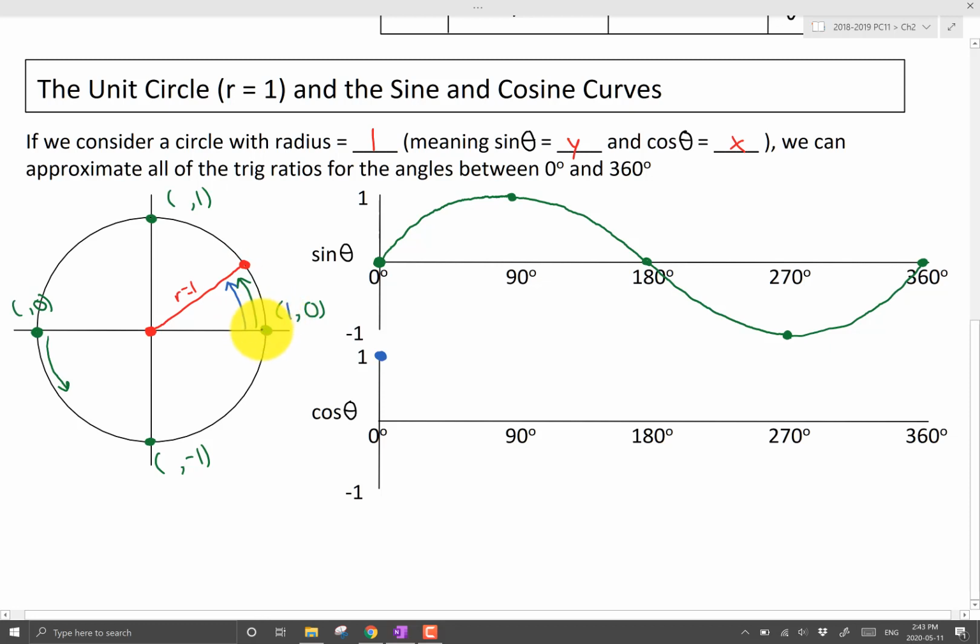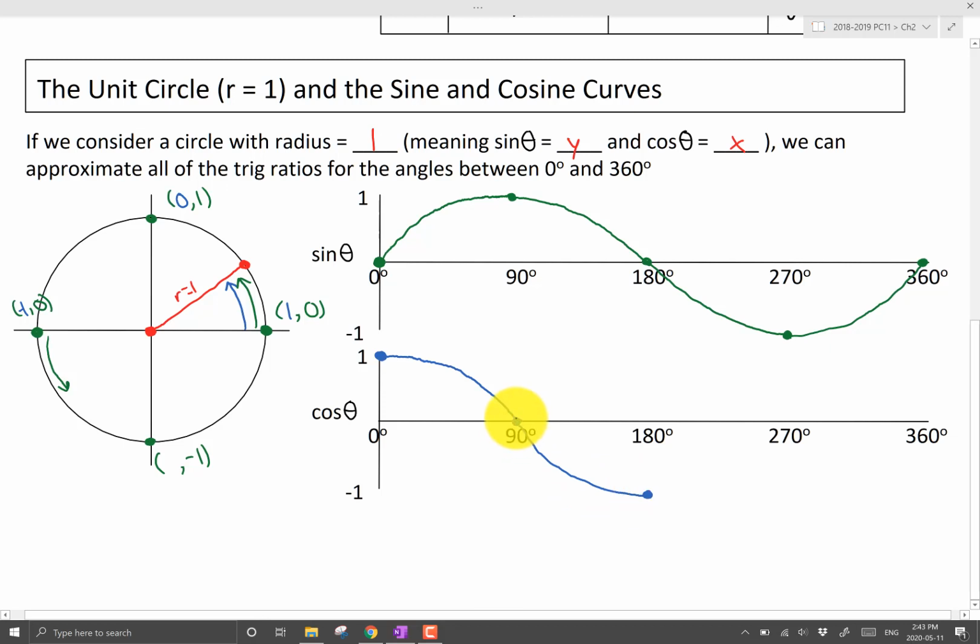The x-coordinate used to be 1, and it's getting smaller and smaller until at 90 degrees it hits 0. So the cos curve gets smaller and smaller until at 90 degrees it hits 0. What happens to the x-coordinate as we approach 180 degrees? Well, it becomes smaller and smaller until it hits a minimum of -1, and that would be right here.